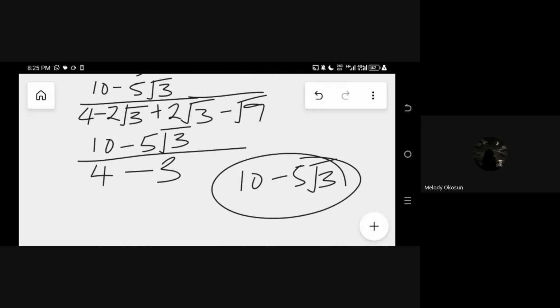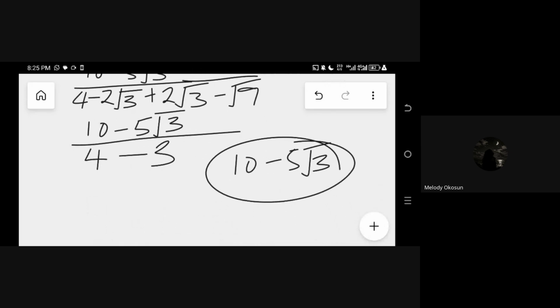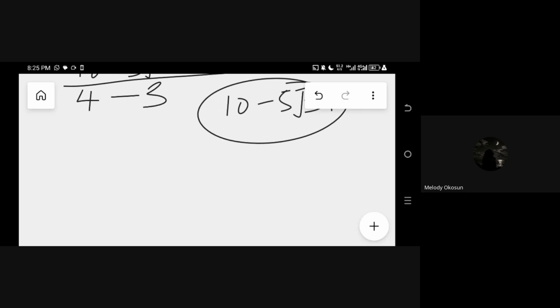So we are taking one general question because it's just 5 minutes to the end of the class. Each person in the class will take one step, not one person solving it completely.